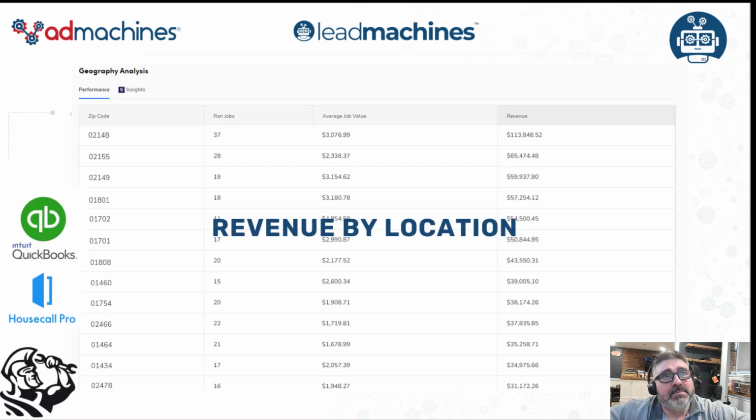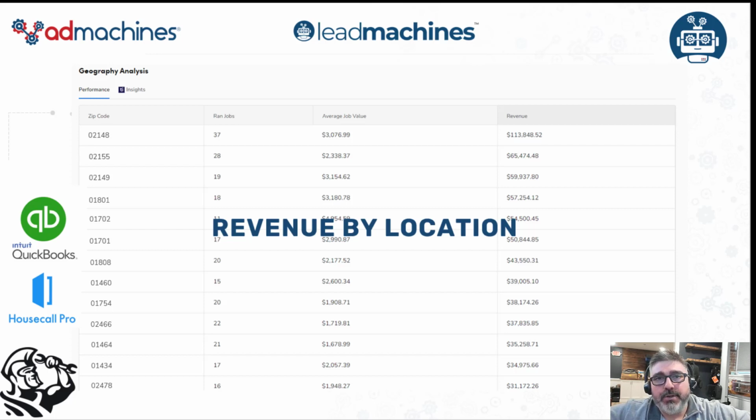Next is revenue by zip code, right? So either revenue by zip code or maybe average ticket by zip code. Historically, if you've been in business for a while, you're going to see that certain areas perform better for whatever reason than other areas over time. You don't want to look at a month or 3 months.